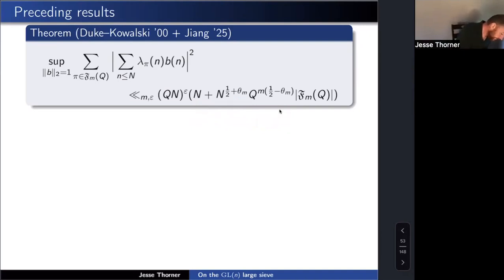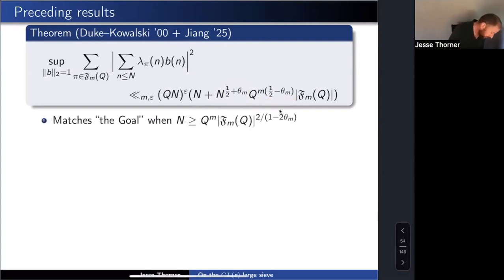And because of the bounds on theta m from before, this exponent is strictly less than 1. And then there's a power of q that we have to worry about. So this matches our goal when N is suitably large.